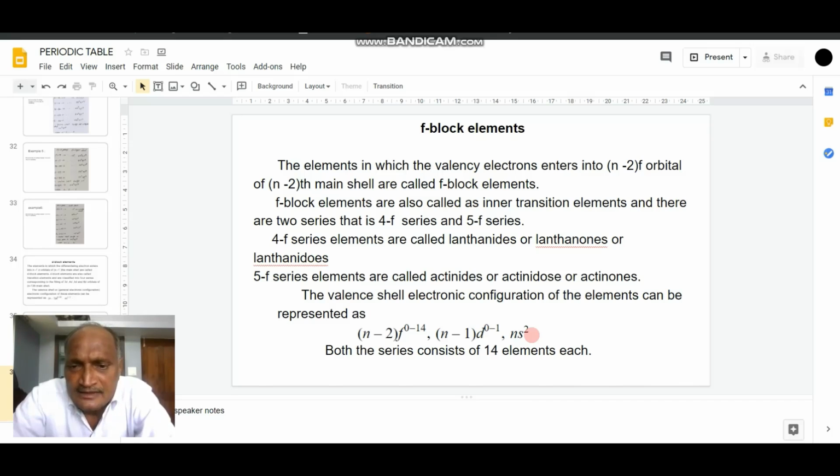This is the general electronic configuration of f block elements. Both the series consist of 14 elements.